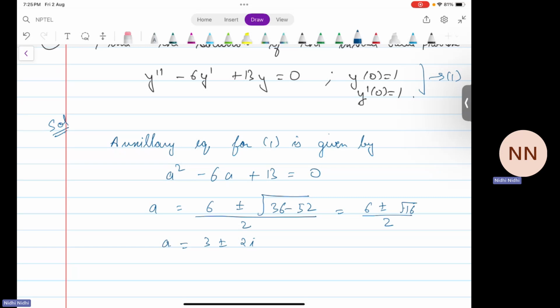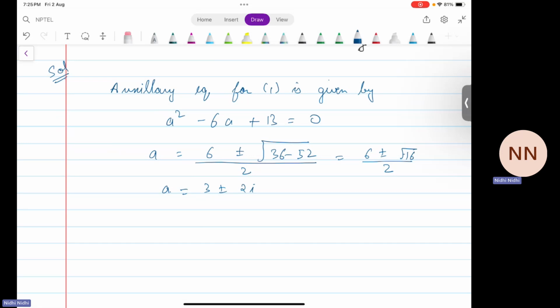So we have complex roots, and in the case of complex roots, the general solution is given by y(x) is equal to e to the power 3x times c1 cos 2x plus c2 sin 2x.